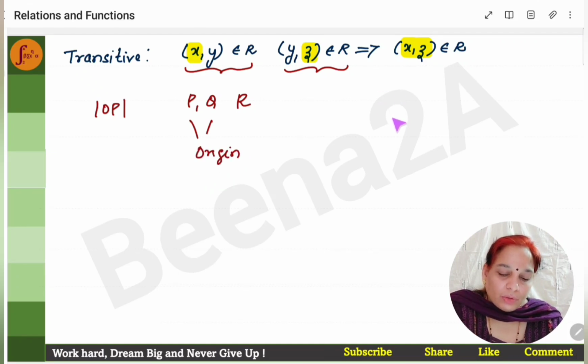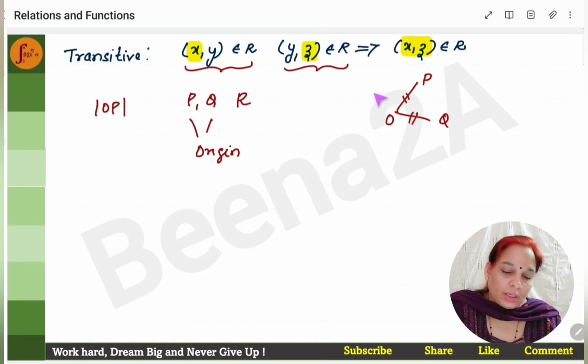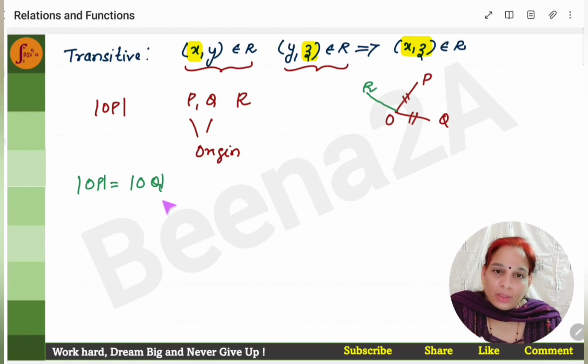You have this origin, you have P here, you have Q here. The distance is the same, right? Now let's take another point, say R. The distance OP and OQ is already told in the question. OP and OQ is the same.